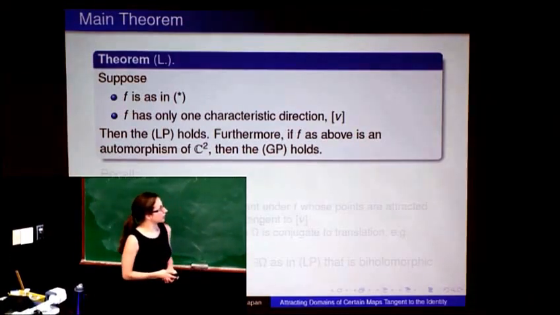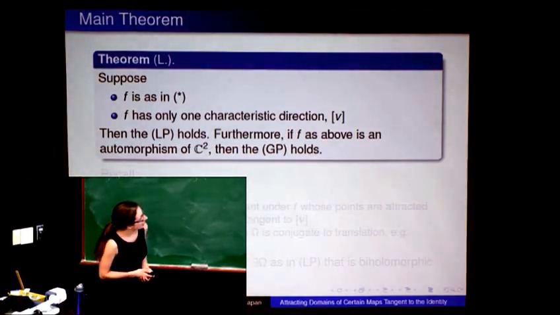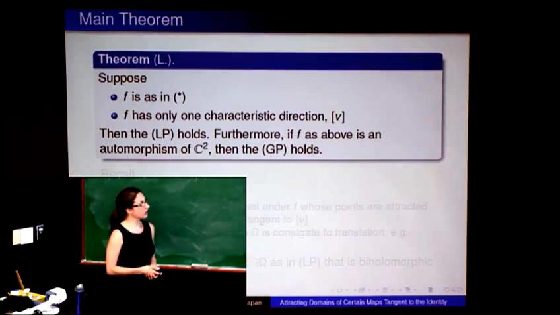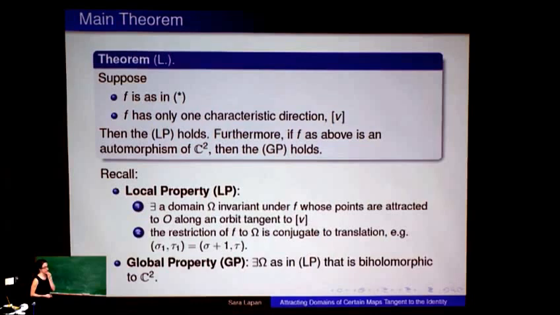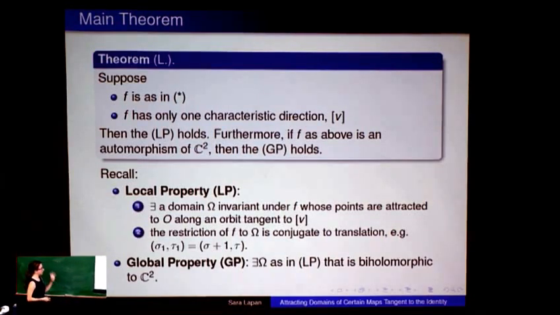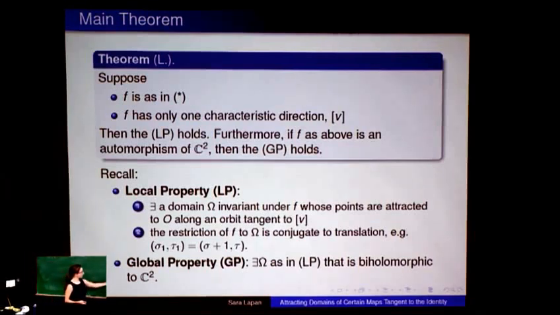And furthermore, if f as above is an automorphism, then the global property also holds. A reminder of what I called the local and global properties: we have an invariant domain, and on that domain, f is conjugate to translation. And the global property extends to a biholomorphism of C2.